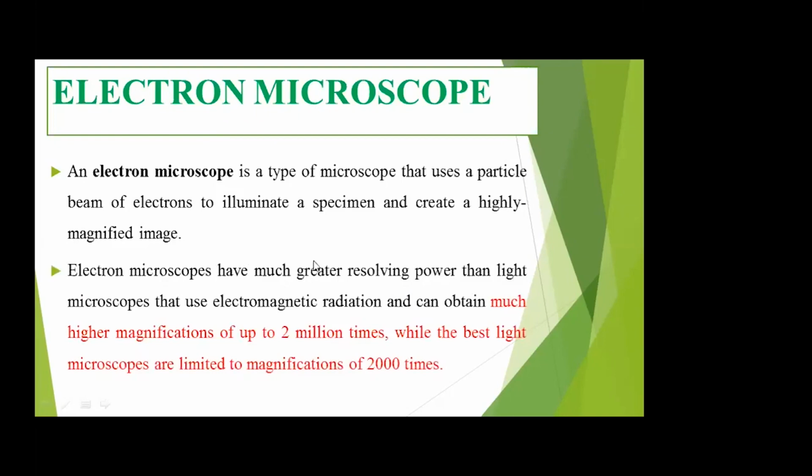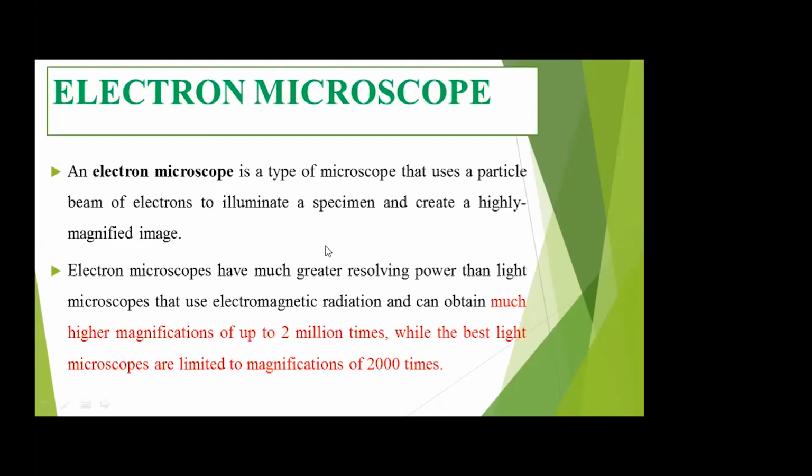Electron microscopes have much greater resolving power than light microscopes. Light microscopes use electromagnetic radiation, that is visible light, and the best variety of light microscope can obtain a maximum magnification of about 2000x.